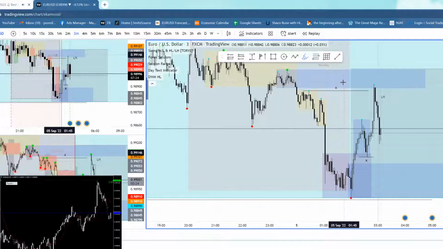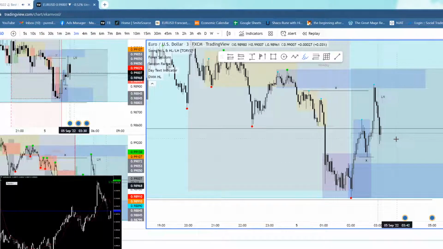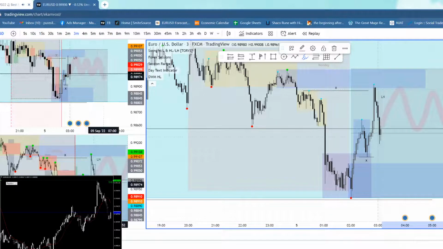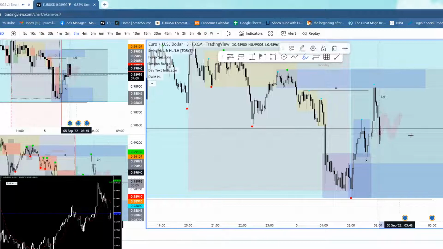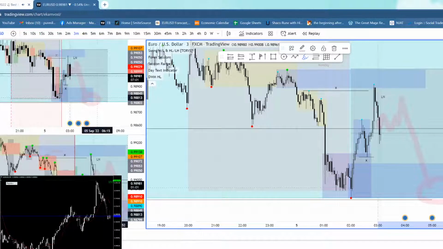So what I want to do to ensure that we're on the right location, I guess, is take a short somewhere here as it gives me an entry. So we could go short, follow the money here, then go long here as a hedge.